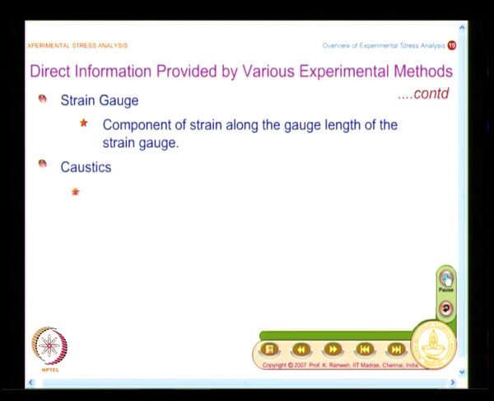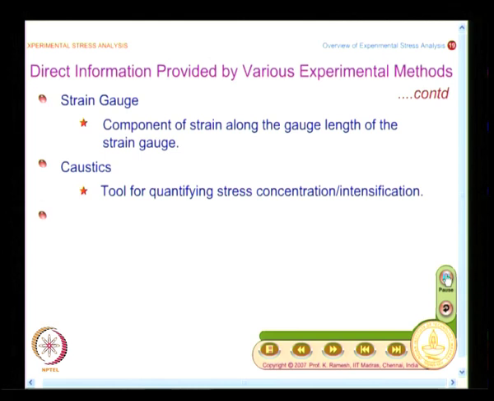And we have also noted what caustics is. We saw the caustics in the teacup. I said caustics is the name of the physics behind it, and this is particularly used for stress concentration and stress intensification problems. If I take photoelasticity, I can do it on regions which are not under stress concentration, uniformly loaded also I can get information.